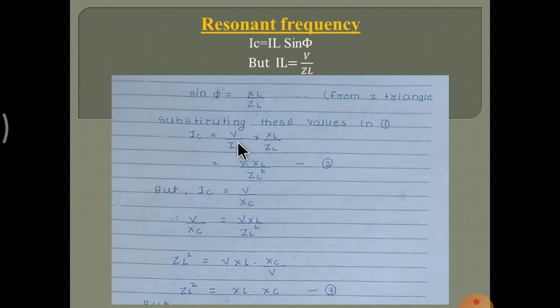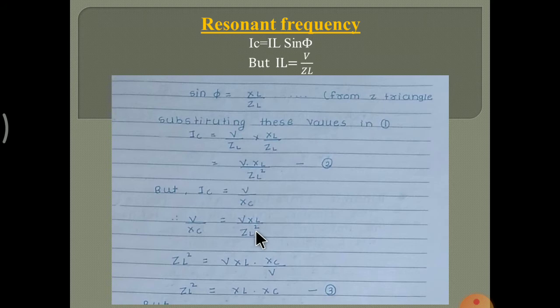Then we get V into XL and ZL into ZL, ZL square. Then IC is equal to V upon XC. This is the standard formula. Then put the value of IC in this equation. Then we get V upon XC is equal to V XL upon ZL square.